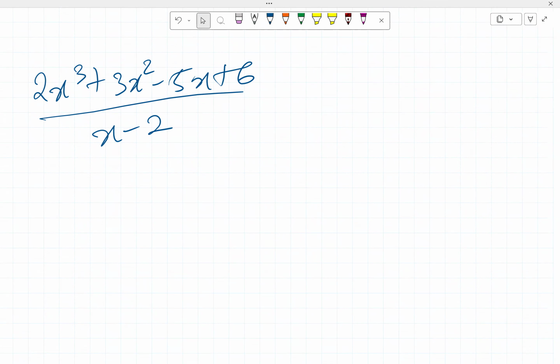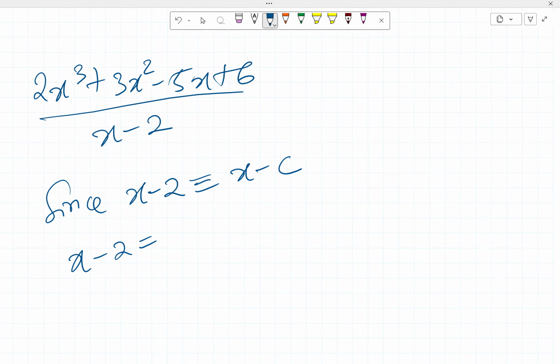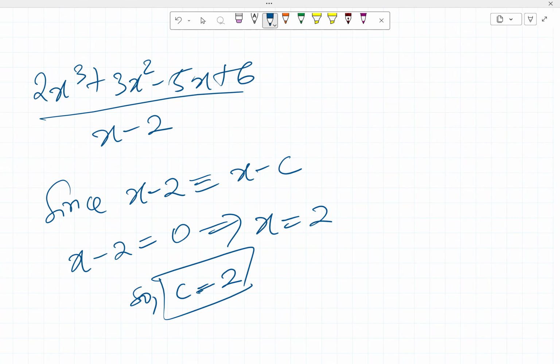So now what we have done here is the synthetic method. Since x minus 2 is what we have, it's similar to x minus c. So we can say x minus 2 equals 0, which implies that x is equal to 2. So our c is equal to 2. That's the key thing here, the condition for this particular method.